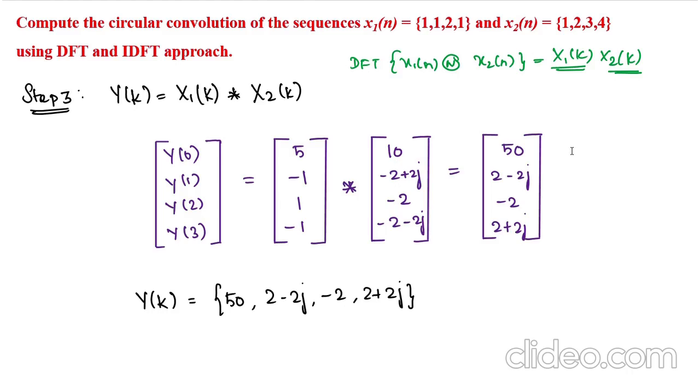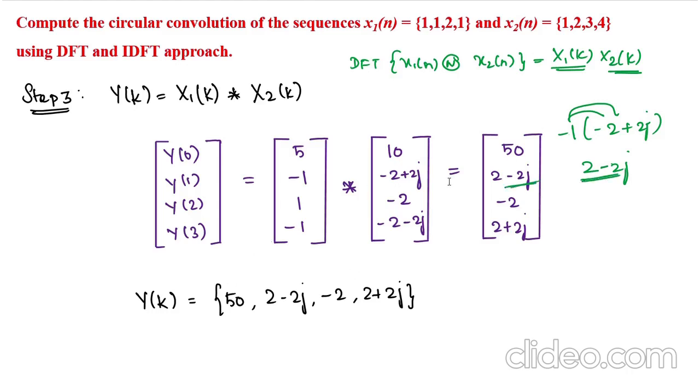5 tens are 50. In the next step we multiply minus 1 into minus 2 plus 2j. Minus 1 into minus 2 is 2, 1 into 2j is 2j, minus into plus is minus, so 2 minus 2j is the answer.